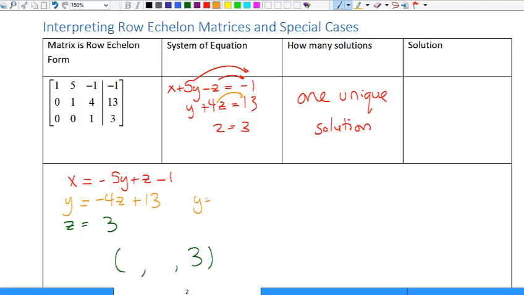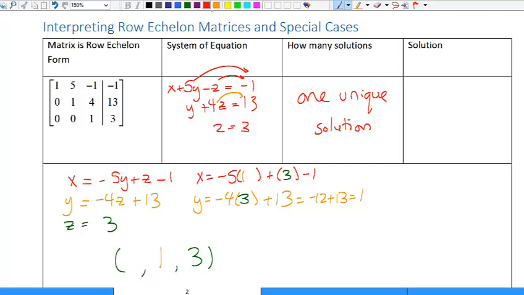To get the solution for y, I'm going to back substitute. I'll plug in 3 for z. When I evaluate, that's going to get me negative 12 plus 13, or 1. And then I'm going to use the x equation, plug in the y and the z to solve for x.